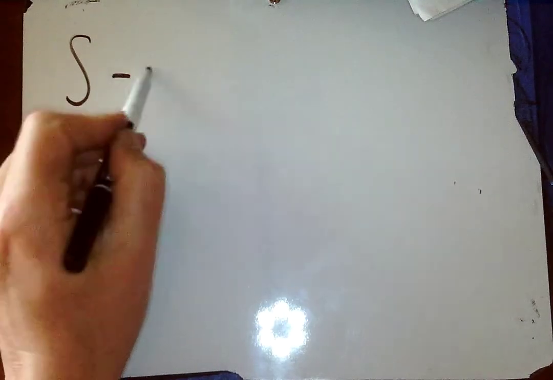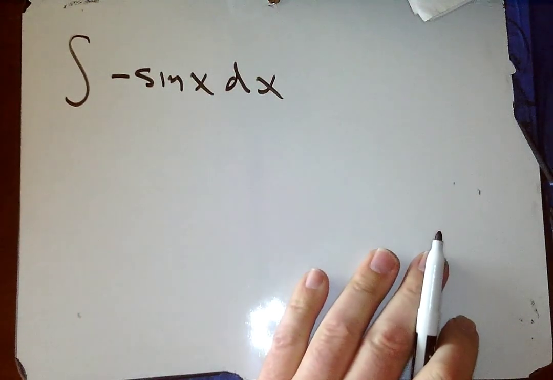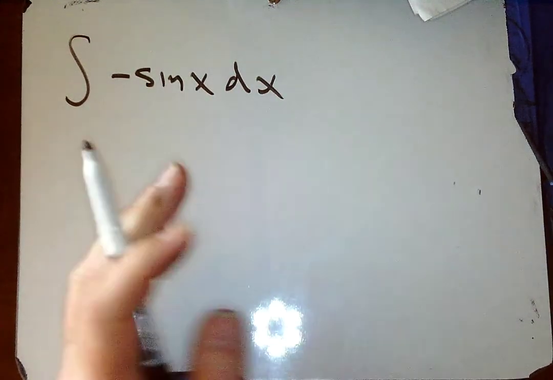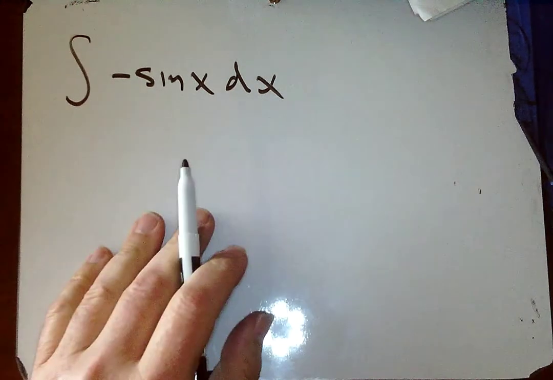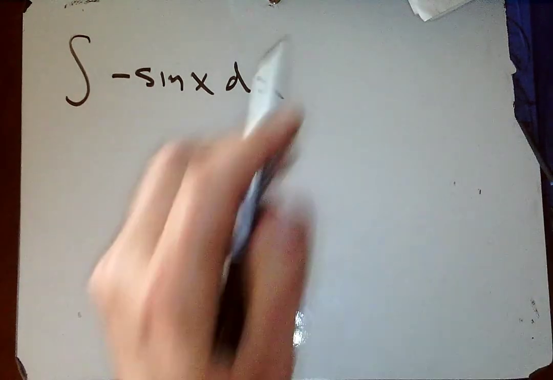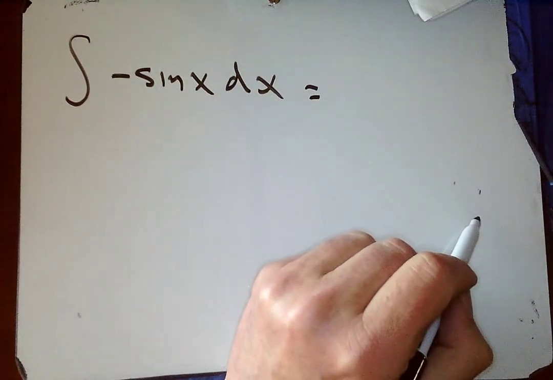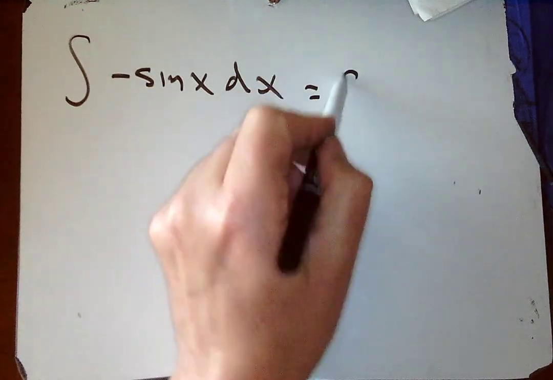Now, what about this situation? The integral of negative sine x dx. How are you going to think about this? I've heard a number of different ways to think about this, but I want to know how you're going to think about this. What is that antiderivative? Whose derivative is negative sine? Cosine's is.